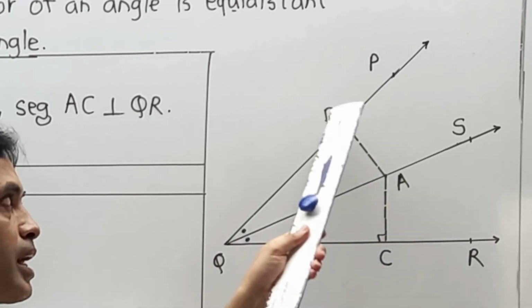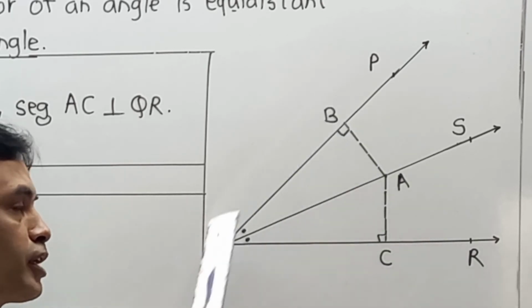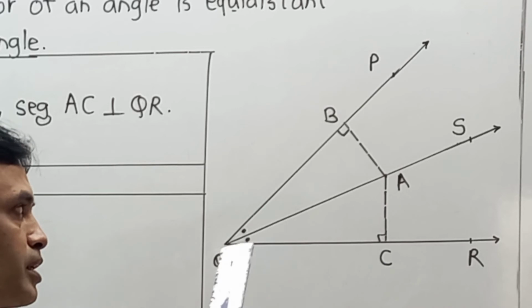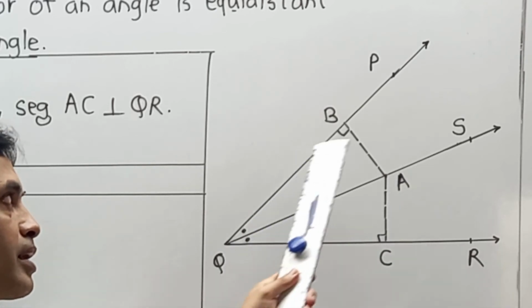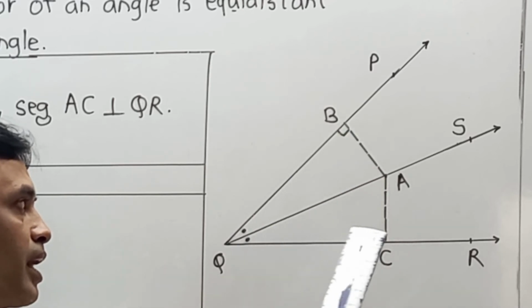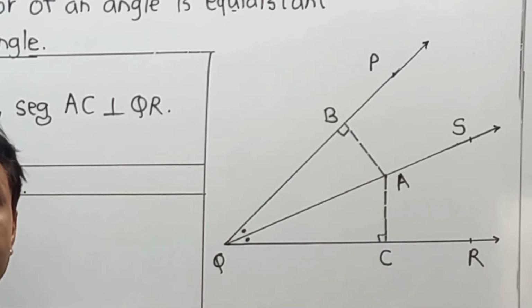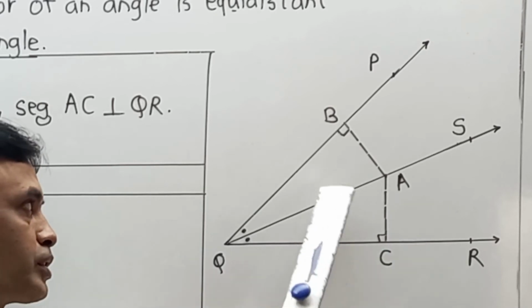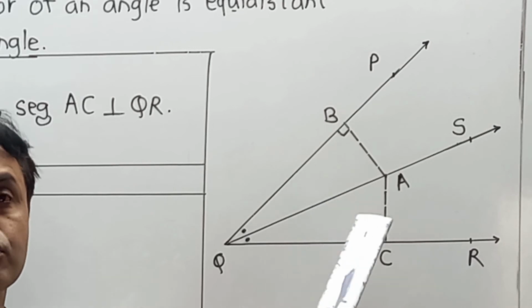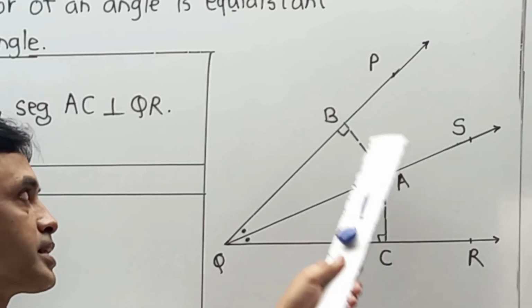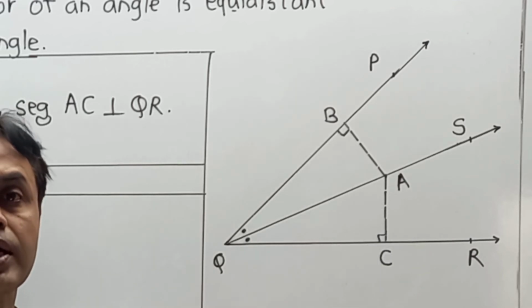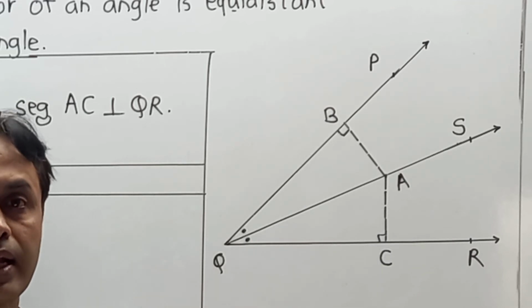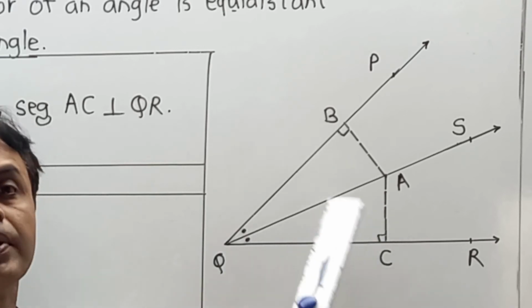Naturally, triangle ABQ is congruent to ACQ by the SAA test of congruency. And when these two triangles are congruent, naturally segment AB congruent to segment AC, and the reason is corresponding sides of congruent triangles. And in this way we are going to complete this part.